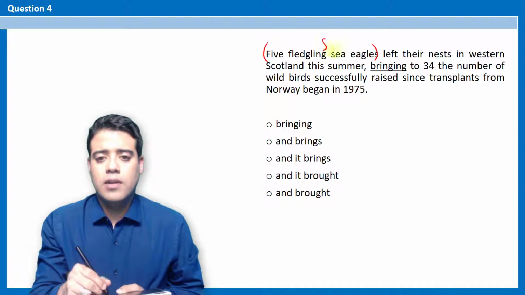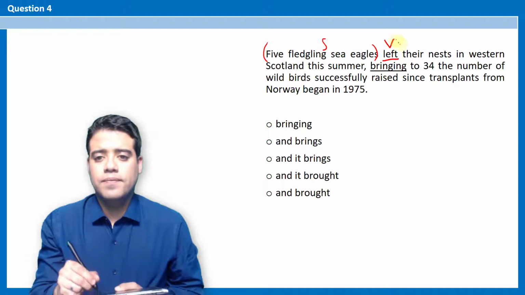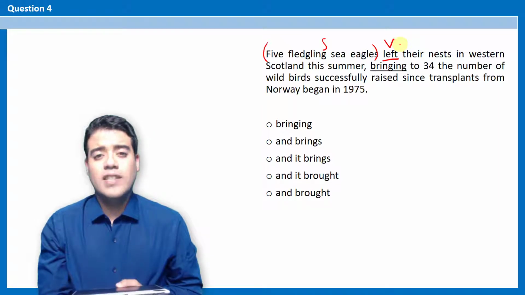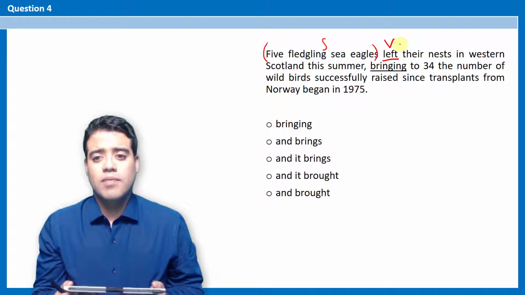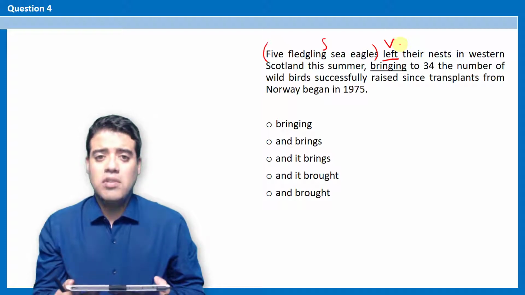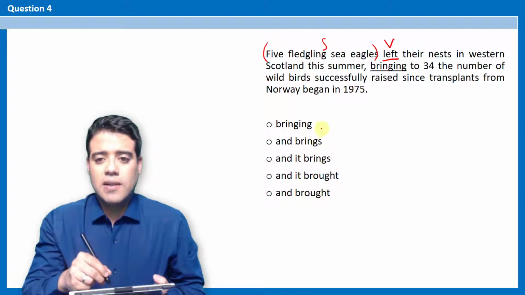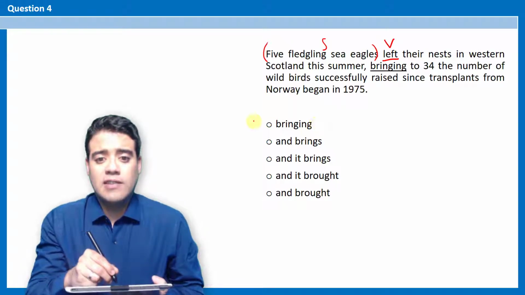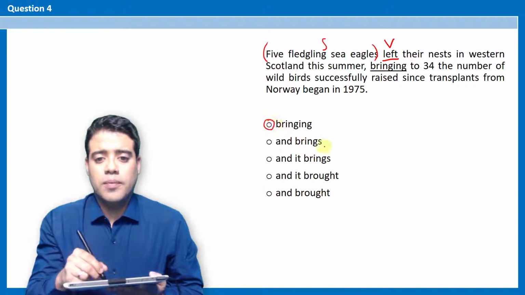So 5 eagles left. The eagles left their nests. What is the consequence of that? Bringing to 34 the number of wild birds successfully raised since transplant from Norway began in 1875. Does that work? Well, yes, it does, because bringing to 34 is a consequence of leaving their nests. That can work.